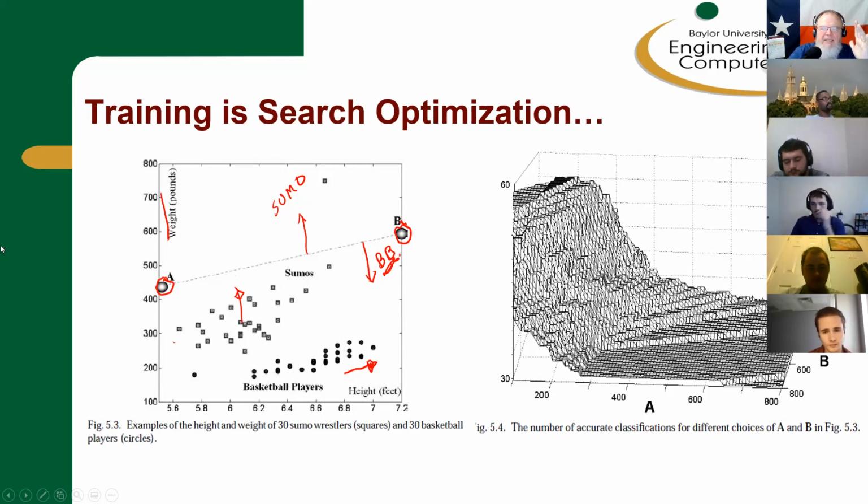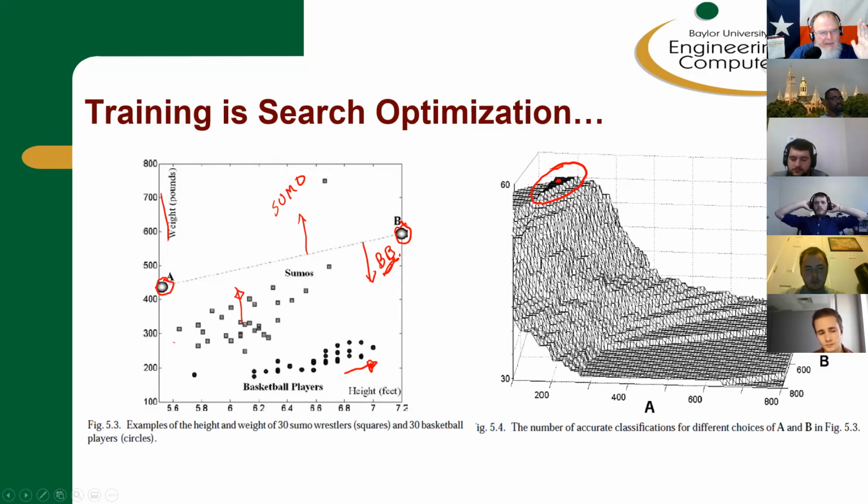Now, as you can see, there's a nice plateau up here where we get the maximum value. But notice this again is a search over all values of A and B. So we want to choose A and B somewhere in this little plateau in order to give us the best result.